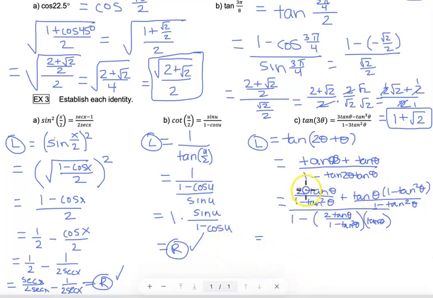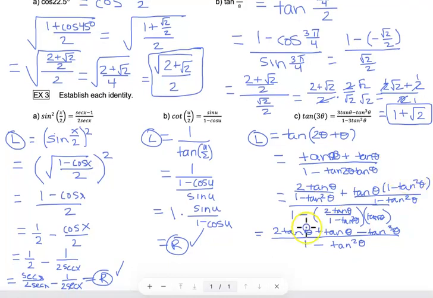So this on the top is going to give me 2 tangent theta plus tangent theta minus tangent cubed theta, which is looking good. Then in its denominator, we've got 1 minus tangent squared theta.